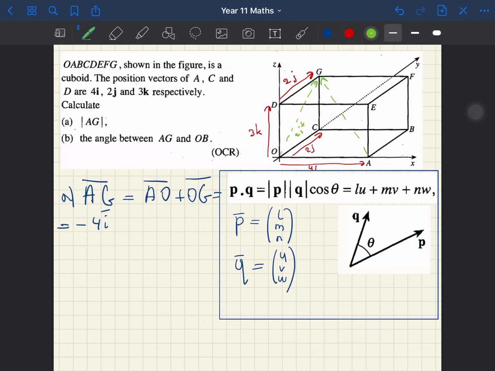So it's 2j plus 3k, and then it's equal to minus 4i plus 2j plus 3k, right?